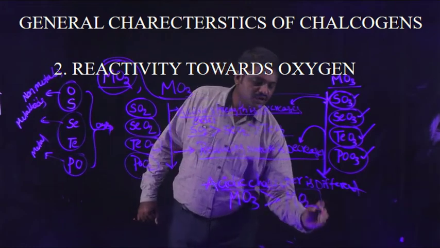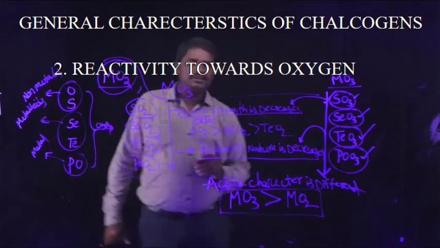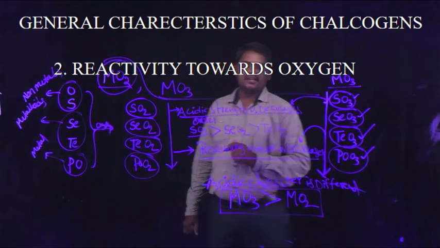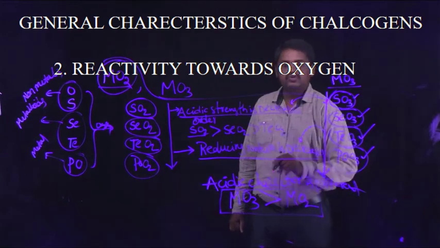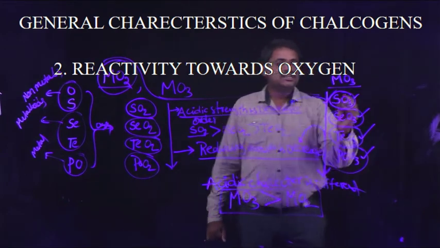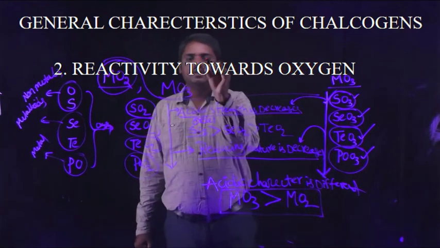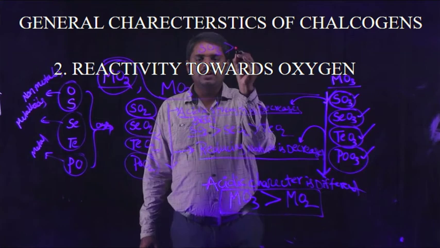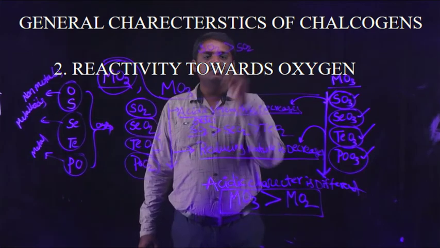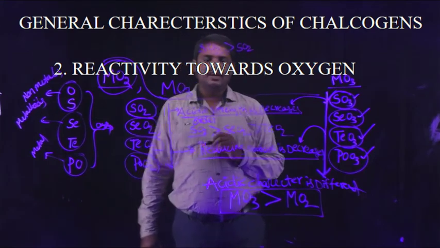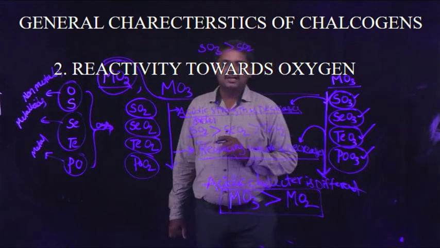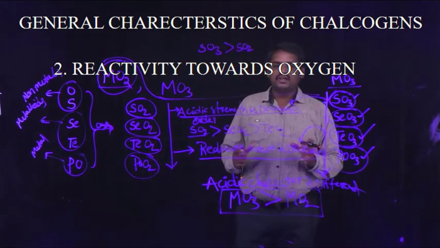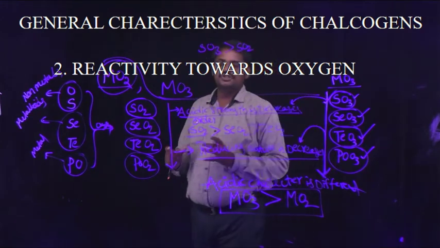Meaning sulfur trioxide exhibits more acidic character compared to sulfur dioxide. Okay, so this is the explanation for oxides of 16th group elements.